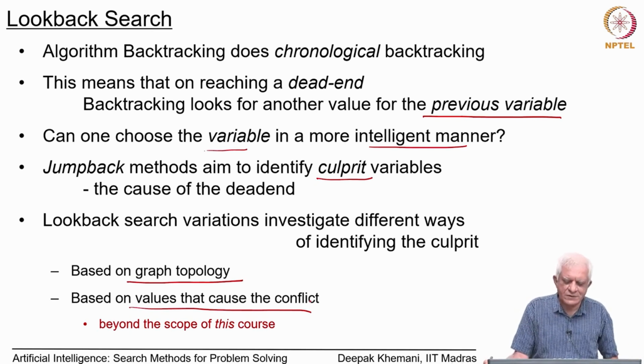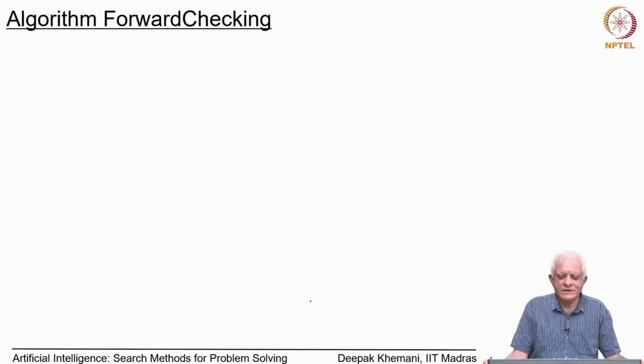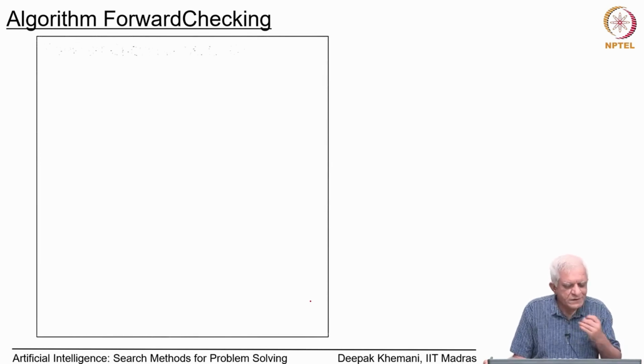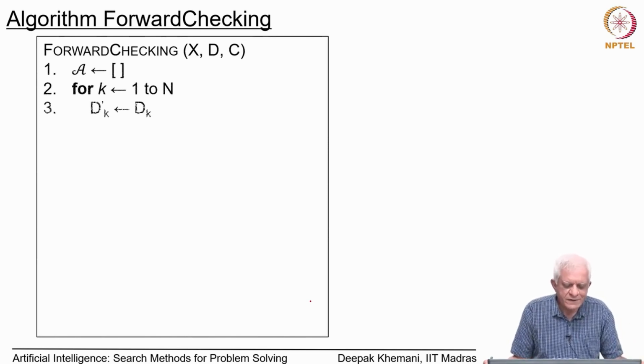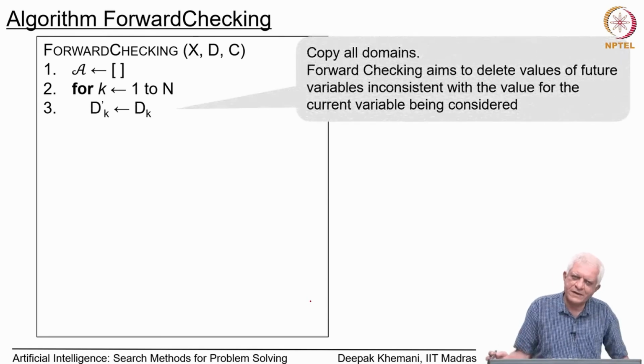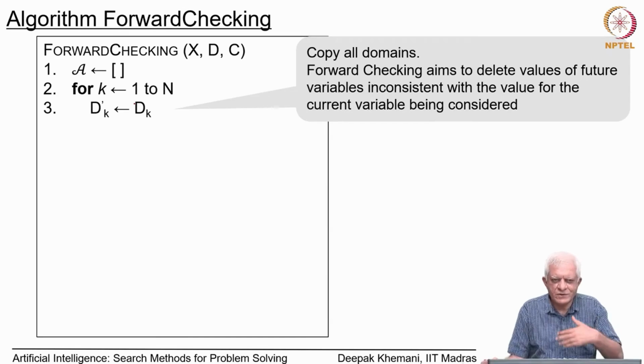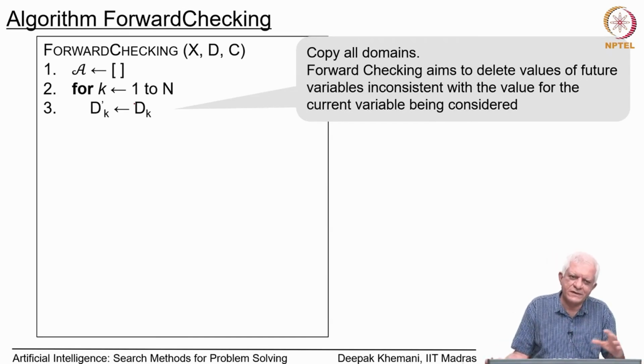Let us look at our algorithm on look ahead, and the algorithm that we are looking at is called forward checking. It works as follows. It is very similar, this is a variation of the backtracking algorithm. So, it starts off in a very similar fashion, that it gives an empty assignment but instead of making a copy for the first variable, we make a copy for all the variables, because we are going to be looking at future variables, and we may need to do a careful amount of bookkeeping to see that we do not miss out on actual solutions.